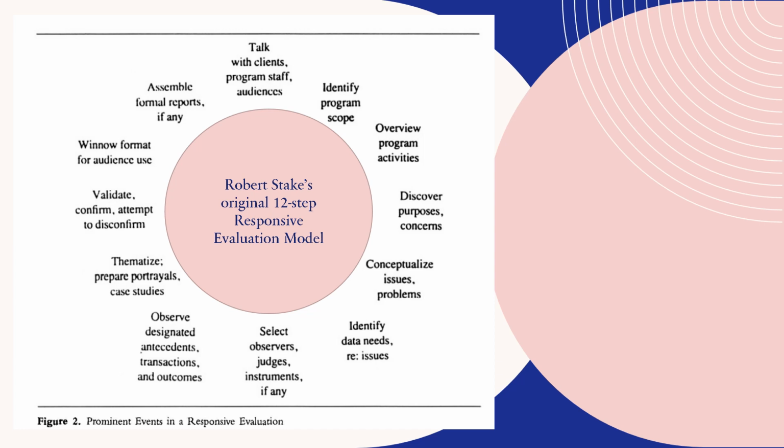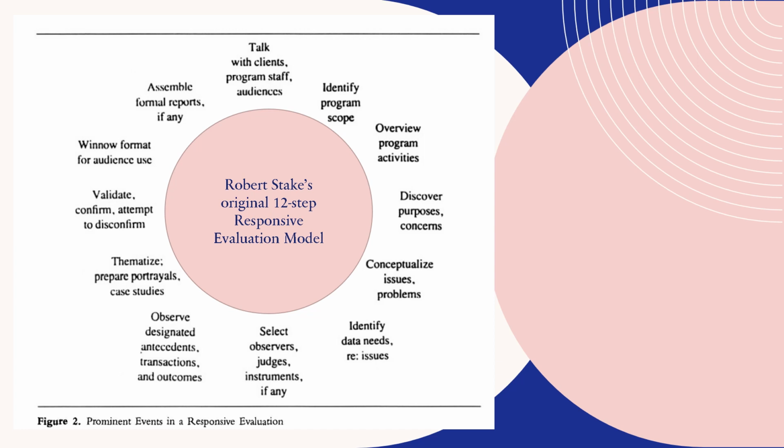First, you need to talk with clients, program staff, or audiences. You need to gather them, talk to them, and then identify the program scope, what needs to be evaluated, which program will be evaluated, and then overview program activities. What are the activities that are involved in that certain program?